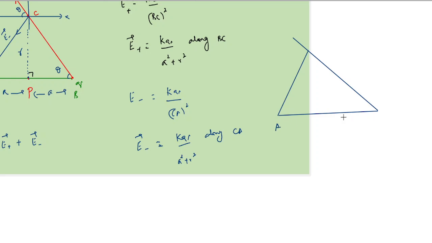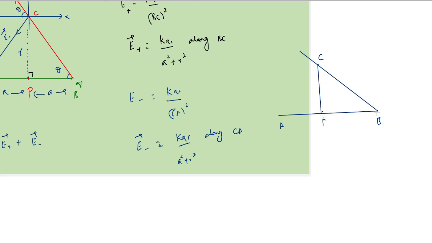This is point A, this is point B, this is point C. Suppose imagine that the point C was at point P.